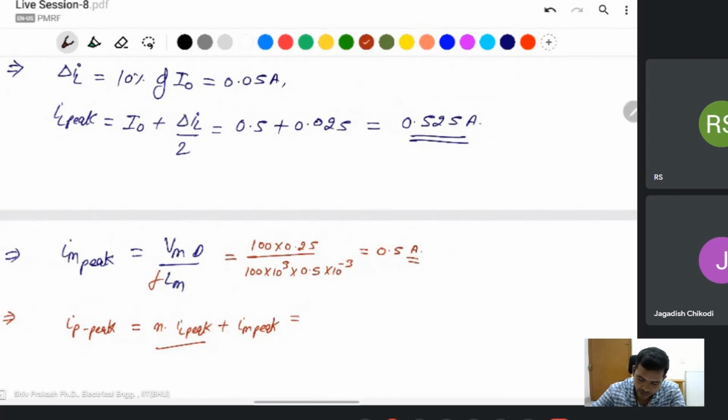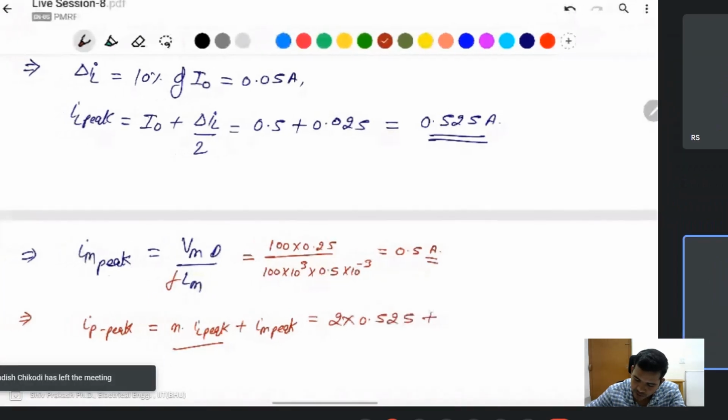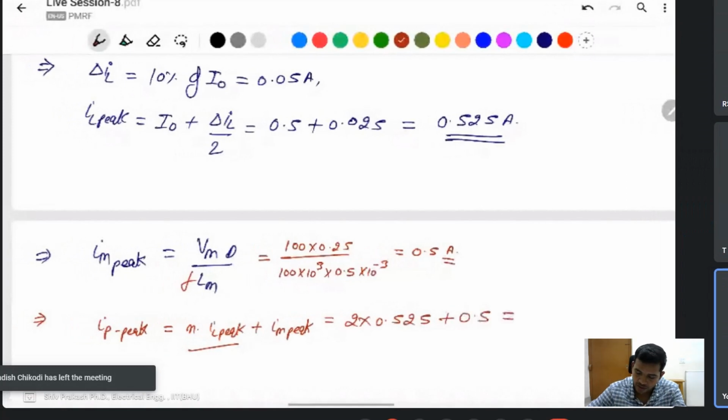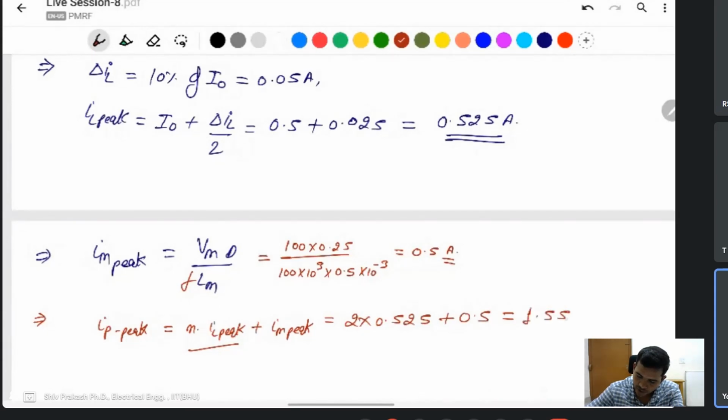This will be N into IL peak, 0.5 times 2.05, plus the magnetizing current peak of 0.5 ampere. It will be 1.55 ampere.